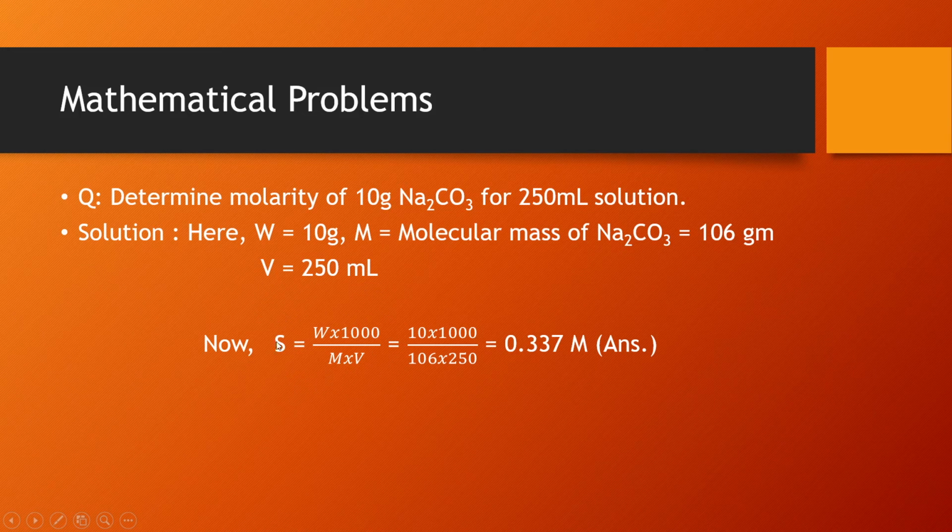Now we'll just use the equation and put down the values. Then we use the calculator, and you can easily obtain the molarity, that is 0.337 molar. It's pretty easy if you understand it properly. It should be very much easier for you.